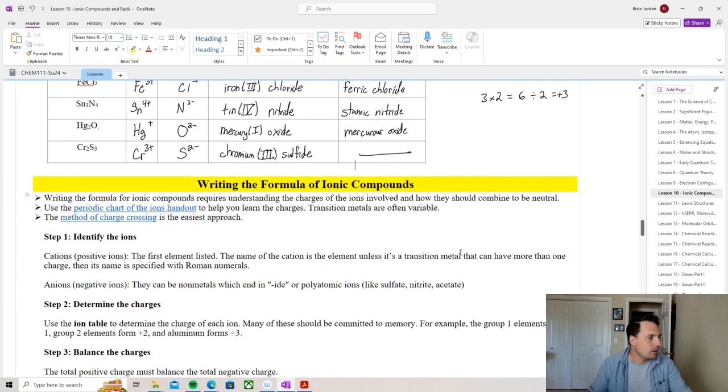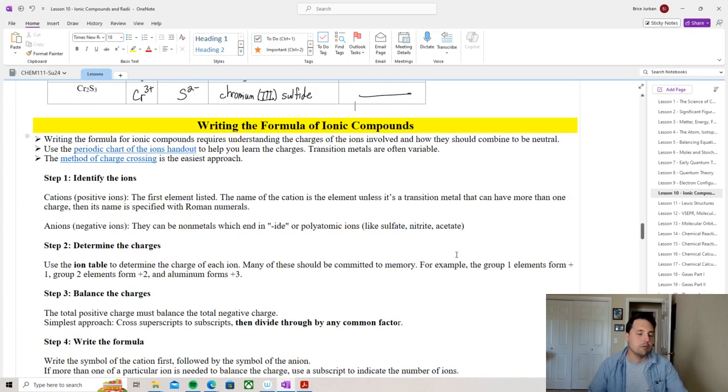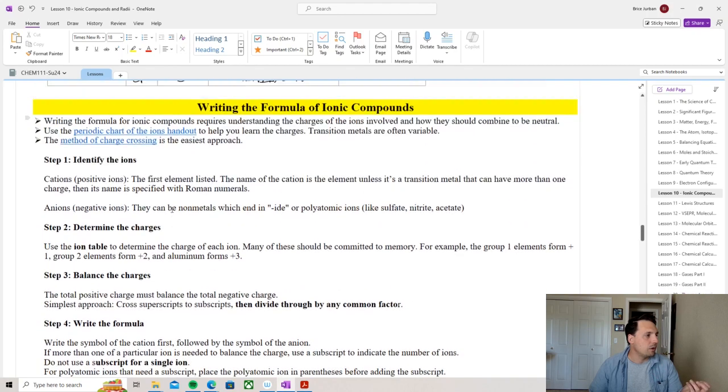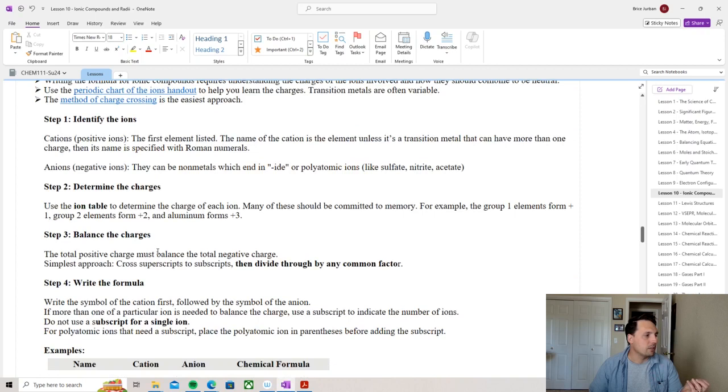Okay, so let's go and practice this now where we write the formula from the name of an ionic compound. We're going to do the same thing here. We just need to identify what ions we have. And what we do need to do, though, in this case, is balance the charges.